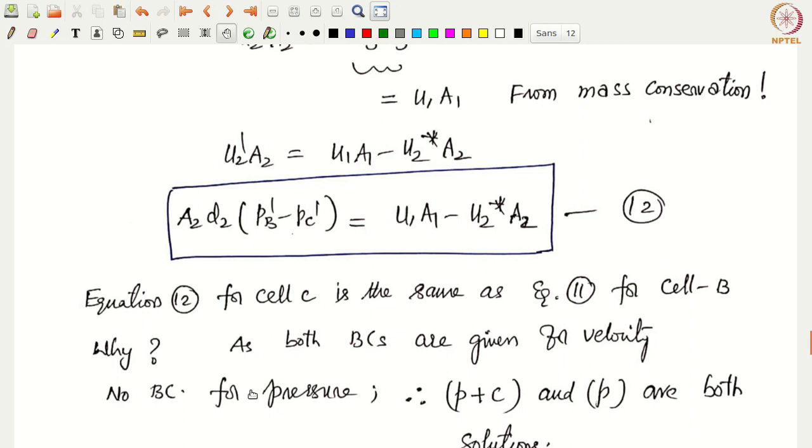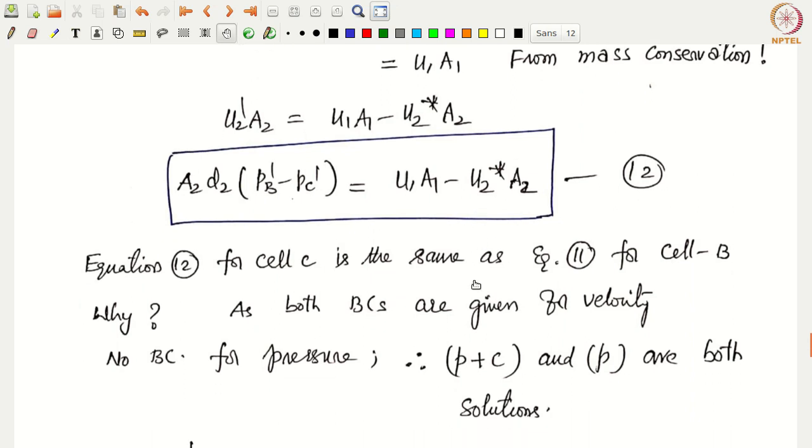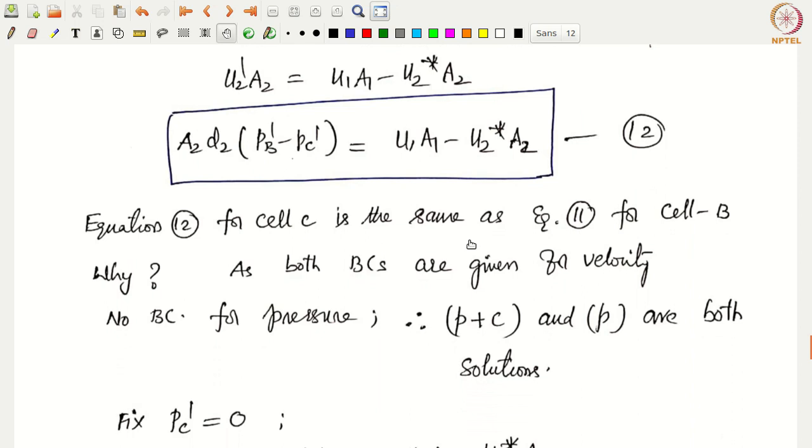As a result, there is no boundary condition given for pressure. Therefore, the pressure that you obtain from these calculations, P, as well as if you add any constant to that pressure, so both P and P plus C will be solutions for these equations. Okay. As a result, you cannot fix pressure level.